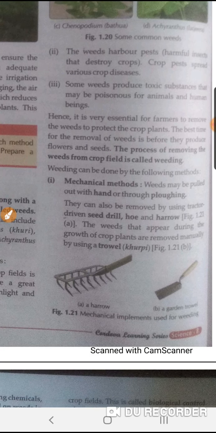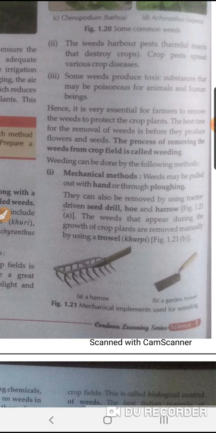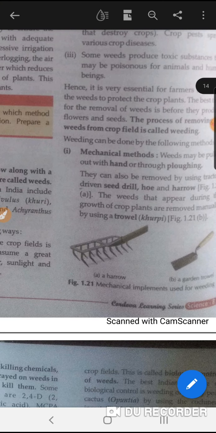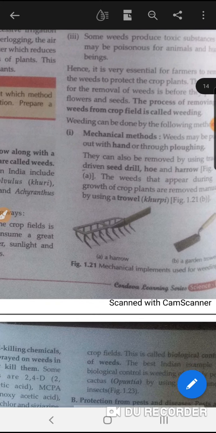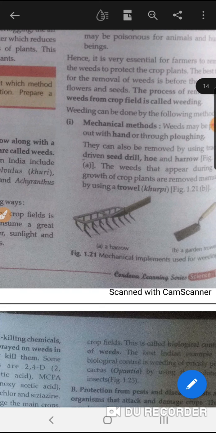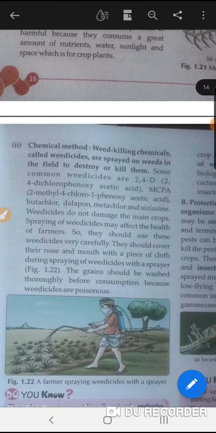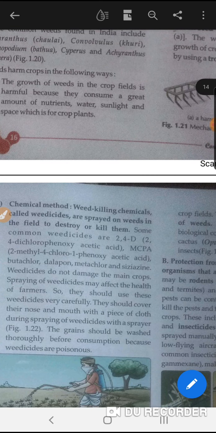You have seen these types of tools at your home also. अगर घर पे प्लांटिंग देखी है, गार्डनिंग करते हुए किसी को देखा है, तो ये जो टूल्स होते हैं ये मोस्ट ऑफ द होम्स में अवेलेबल होंगे. For that, first you have to dig the soil and remove the weeds from it. In this way we can remove the weeds.